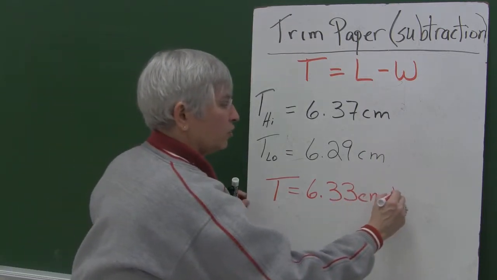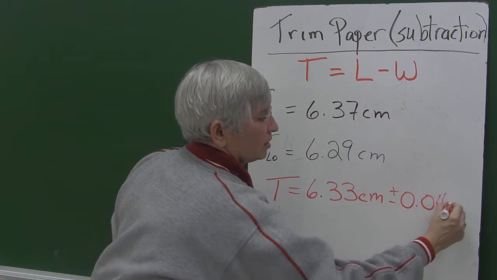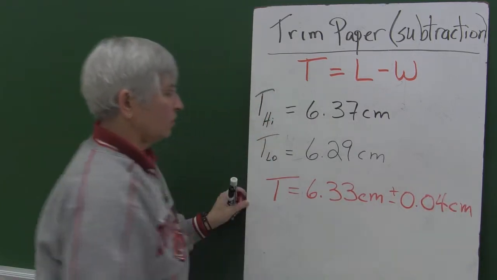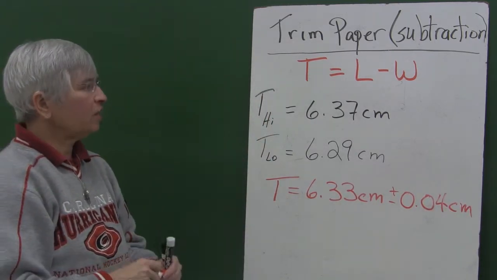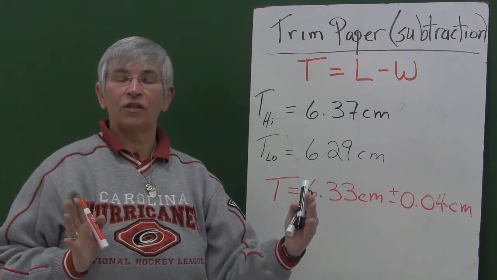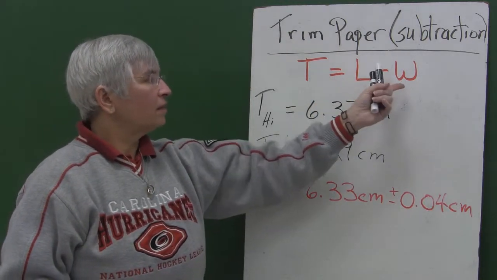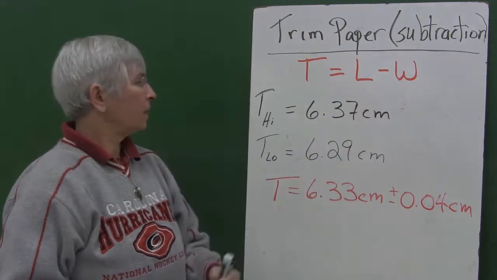And so a good range to pick to take that into account would be plus or minus 0.04 centimeters. So the tricky part is just to make sure that you have a combination that can cover the range of values that you could get by putting in a high value or a low value for the length, a high value or a low value for the width.